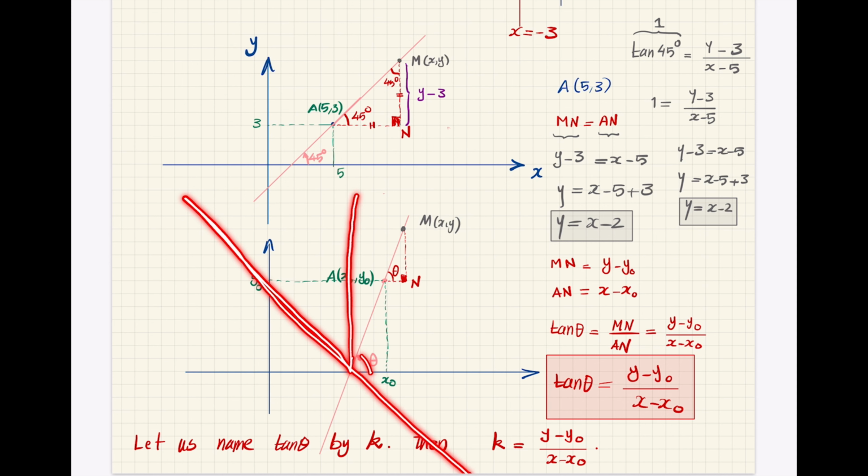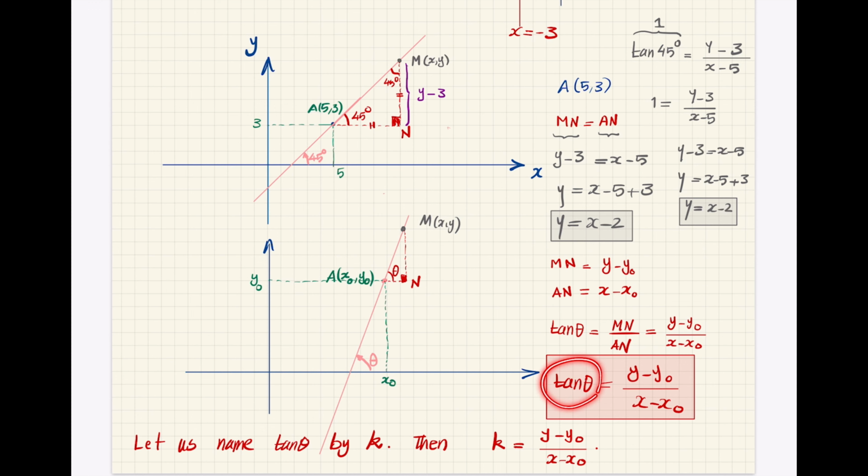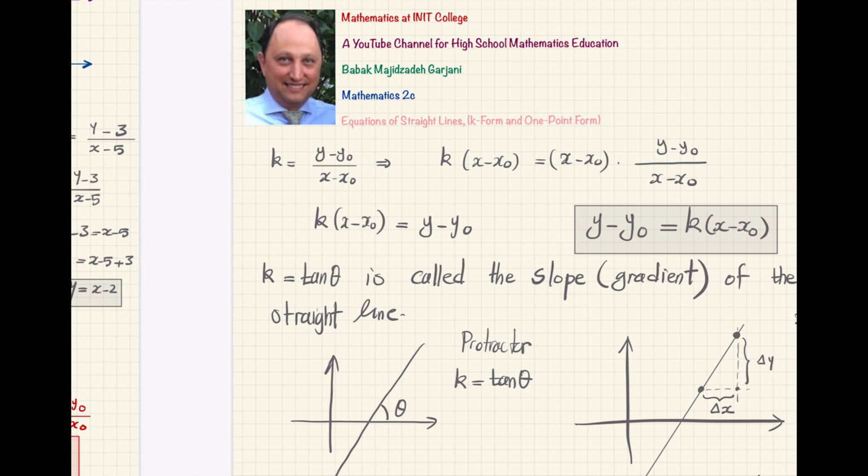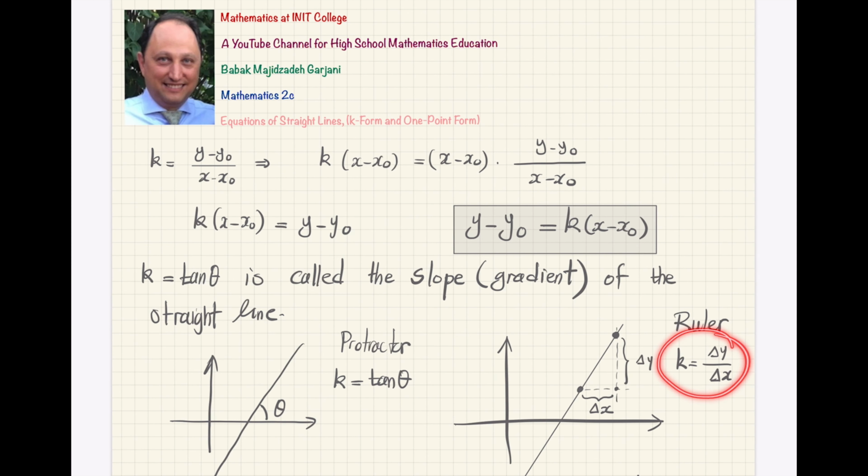So if the slope is negative, it means that my line is directed in this direction, something like that. But of course, this needs a little bit of trigonometric knowledge that you don't have right now, but you can use the other idea, the ruler way, to see what the meaning of a negative slope is.